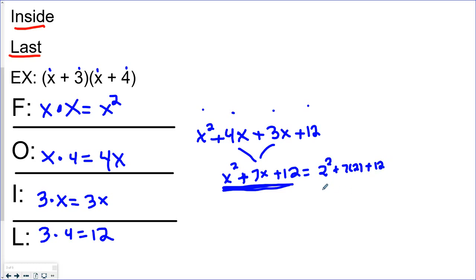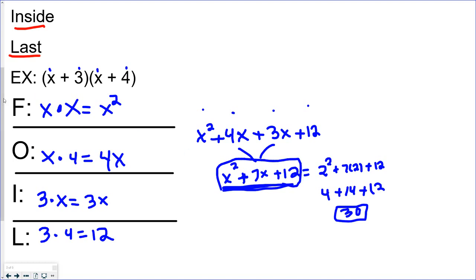So 2 squared, that's 4. 7 times 2, that's 14. And then 12 is just 12, of course. So we add all this together and we get a nice 30, which is what we had before when I plugged it in up here. So it remains consistent, only the look has changed. So this is a correct simplification. This right here is our correct answer.